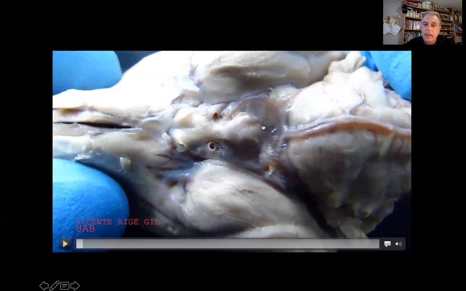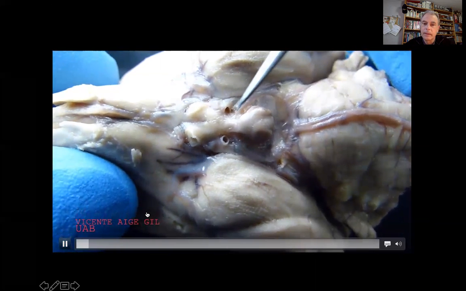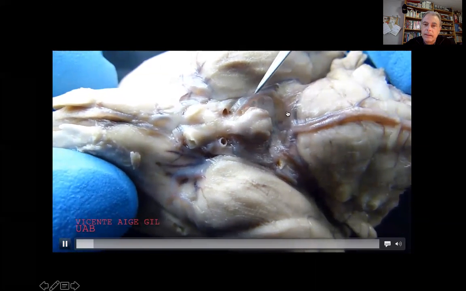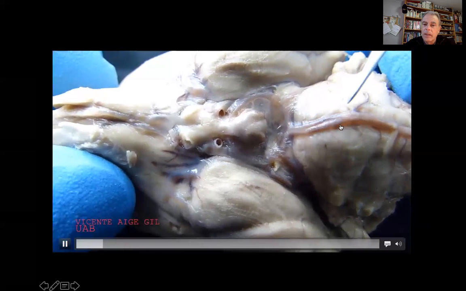Okay, we identify the hypophysis, the optic chiasm, the optic nerves, the internal carotid arteries, and the caudal communicating arteries on both sides, the basilar artery. Okay, and as you see, I'm marking the caudal communicating artery and the basilar artery.